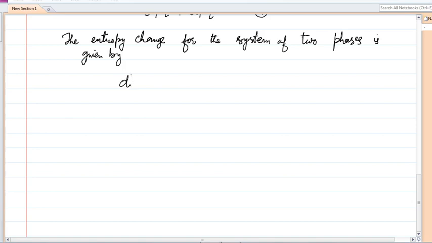Suppose we will write the change in entropy of the first phase, we will introduce the value of dQ.